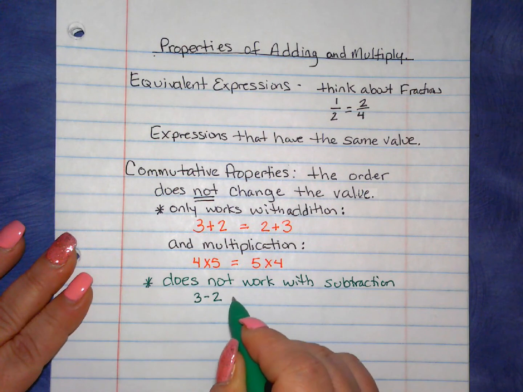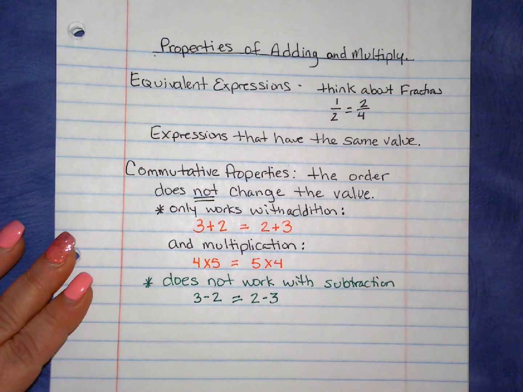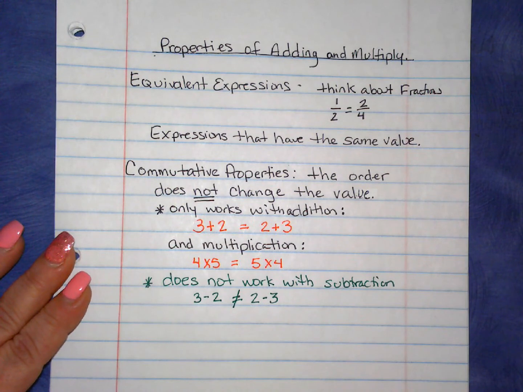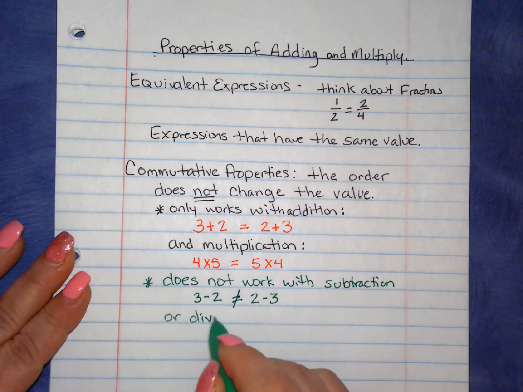But if I said 2 minus 3, that would actually be -1. So that's not the same thing. So that means it's not equal. So we put a line through the equal sign. Okay? Or division. It doesn't work for division either.